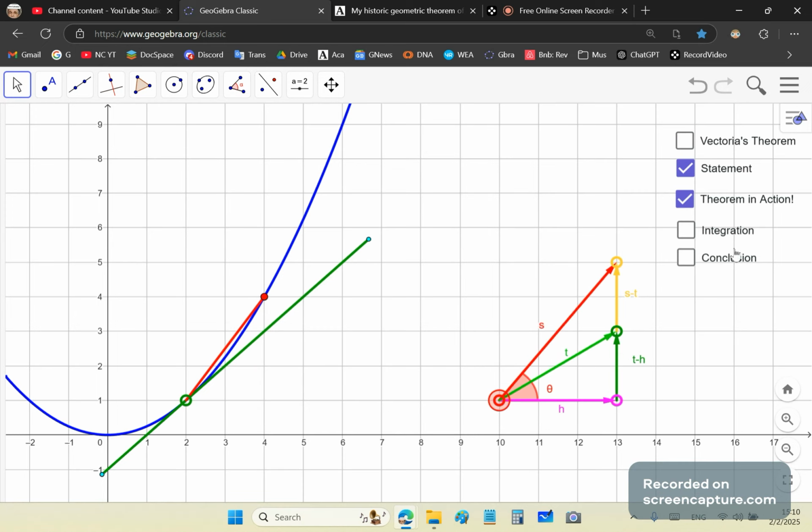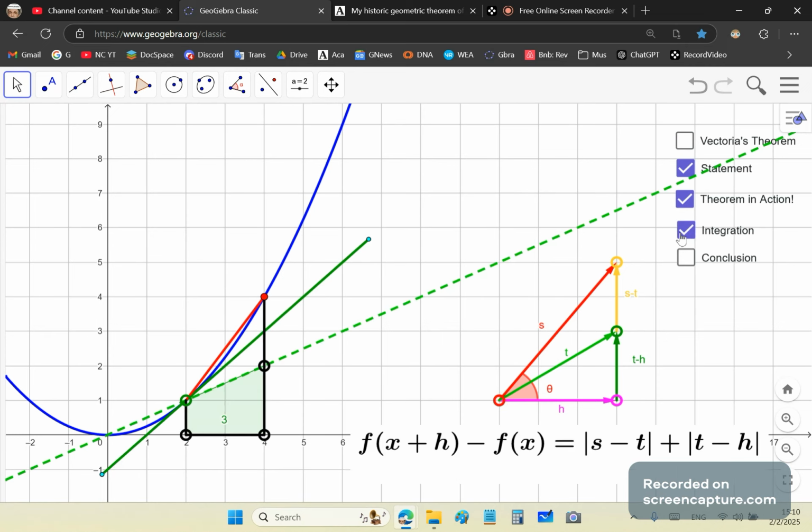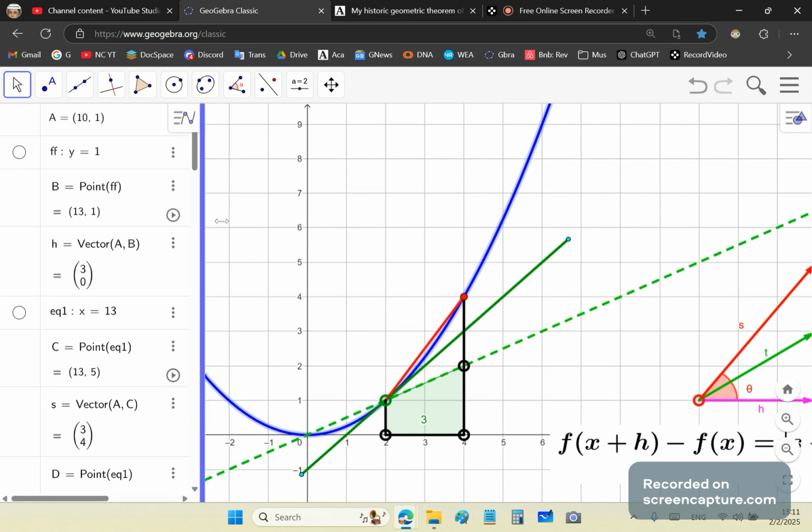Okay. Then how about integration? Well, we can look at integration. So this dotted green line is the integral of this blue line. And if we integrate here, we'll see that this area is equal to 3, which is what it should be, because that's the area from x equals 2 to x equals 4 of y is equal to 2x. This happens to be, let's just see here.